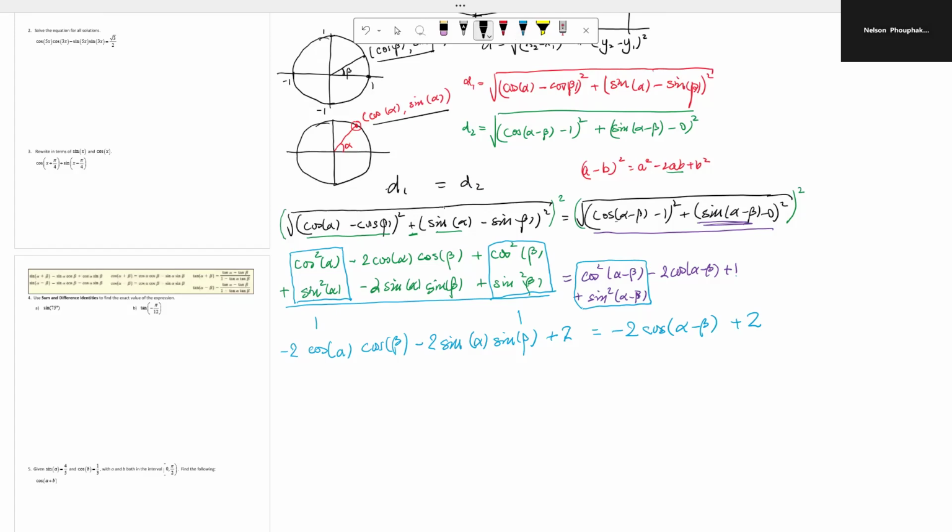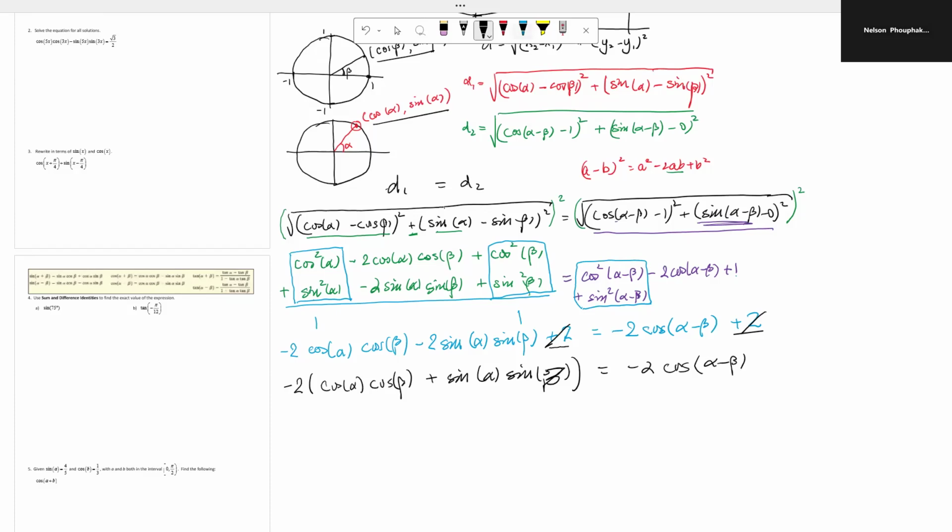So now you will see that on the left-hand side we have plus 2, and on the right-hand side we have plus 2. If I move this over here, they cancel. Then let's try this. I factor out the negative 2, so I will have cosine alpha cosine beta plus sine alpha sine beta is equal to negative 2 cosine of alpha minus beta.